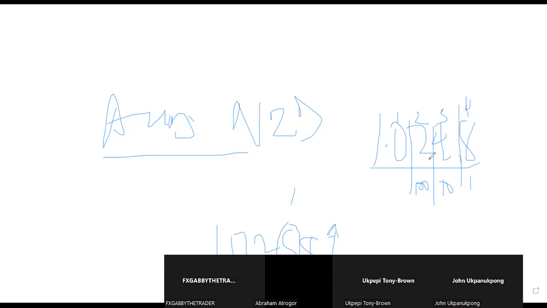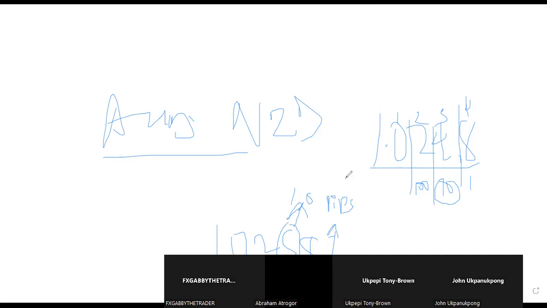It's just the 5 that changed where there was 4. 8 is still there. So since what is here is 10, AUD NZD has gone up by 10 pips. So AUD NZD has gone up by 10 pips.